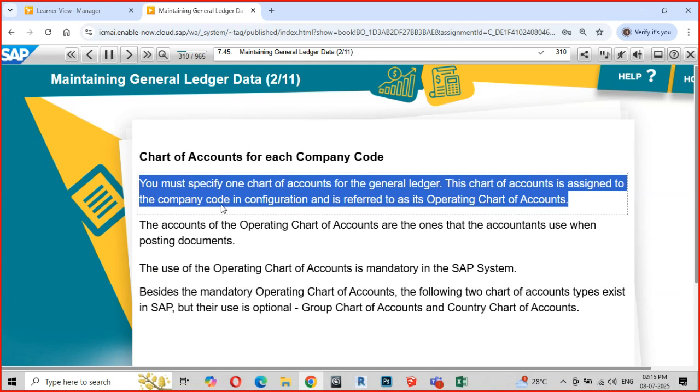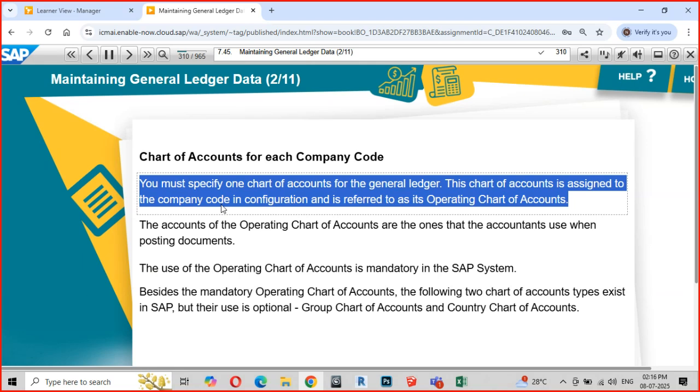Configuration is nothing but the process of building up the SAP system for a specific business or implementing partner. So my company is IBM, I'm assuming that I'm working for IBM, and I am working on three different projects.